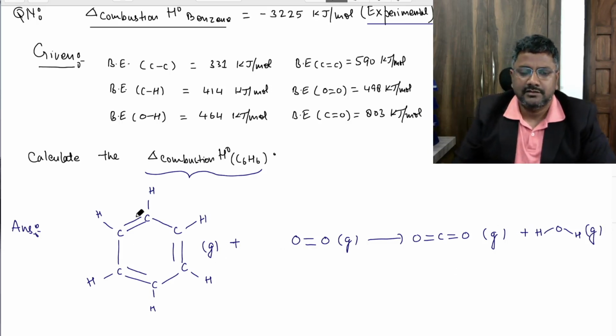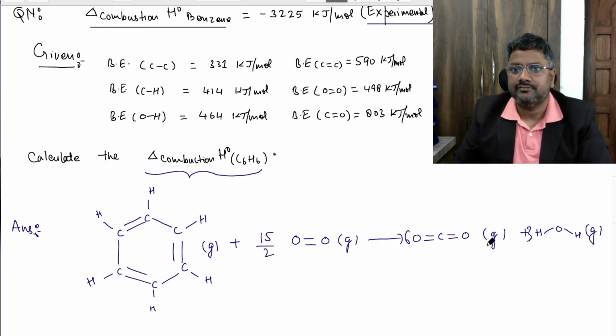So 6 hydrogen, so 6 carbon, so 6 CO2, and 3 H2O, and this is 15 by 2, right? So this is gaseous, O2 gaseous, CO2 gaseous, and H2O gaseous. So this is the reaction.